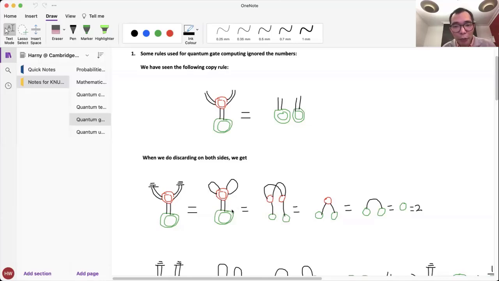This means this double green circle just means two single green circles, right? Similarly, this red just means two single reds, and they're connected separately. But here the connection is okay. So this red connects to this red, and again this red connects to this red again.